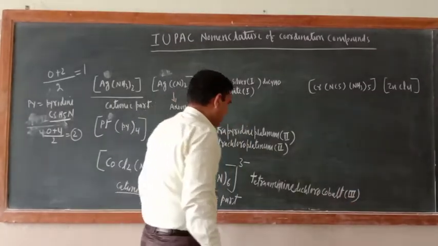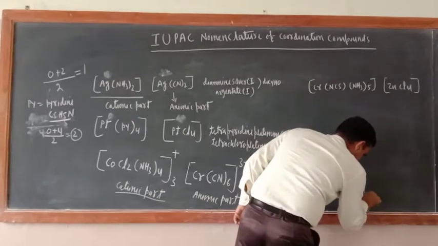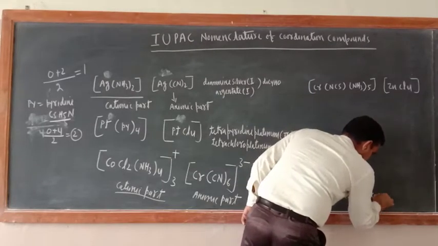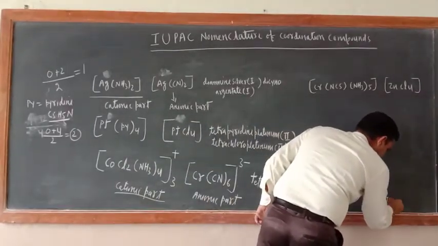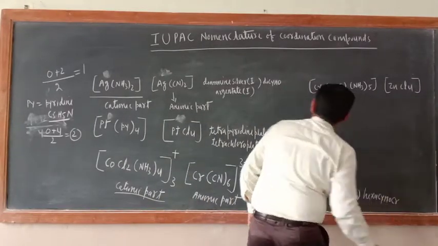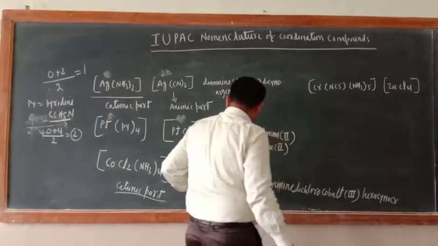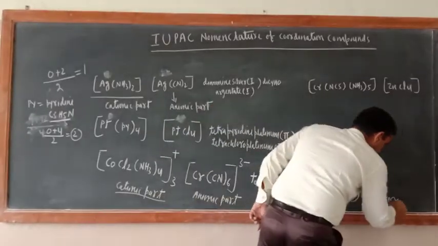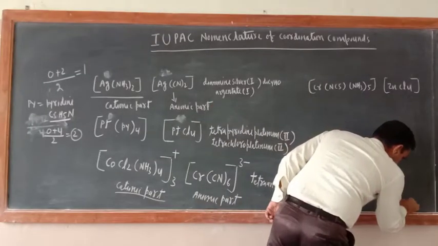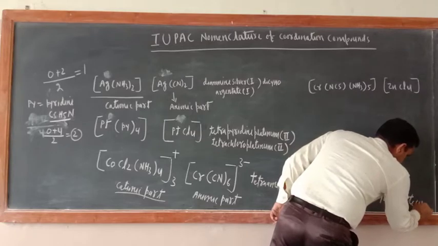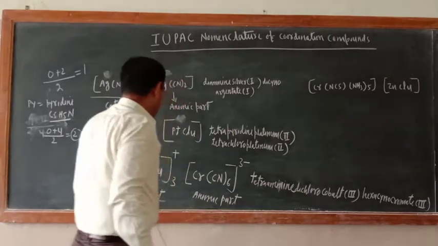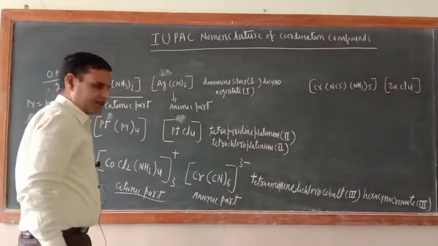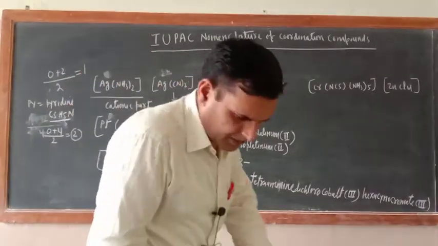And here hexacyano chromium. This time hexacyanochromate, because this is the anionic part. Chromate, third. The oxidation state is third only. You can check. I don't think any problem is there.